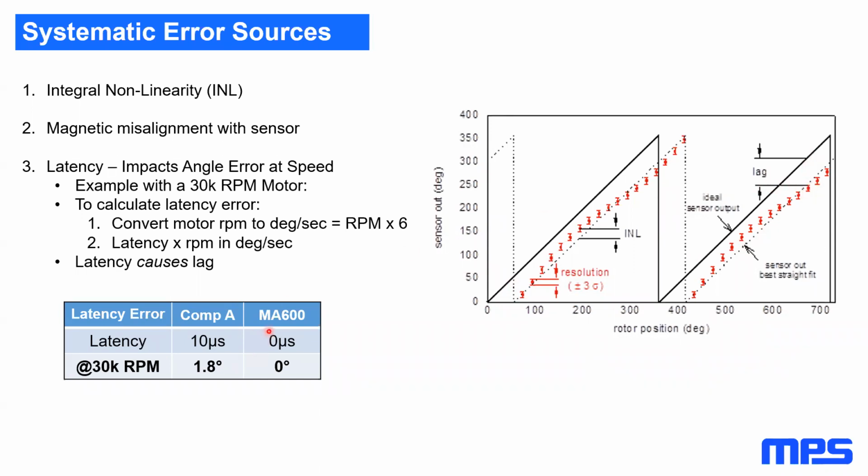MPS does have a part that has latency compensation built in. And so it is effectively a 0 microsecond latency, which means that this dotted line is shifted back to match the solid line, and it's a 0 degree lag. Those are the systematic error sources.